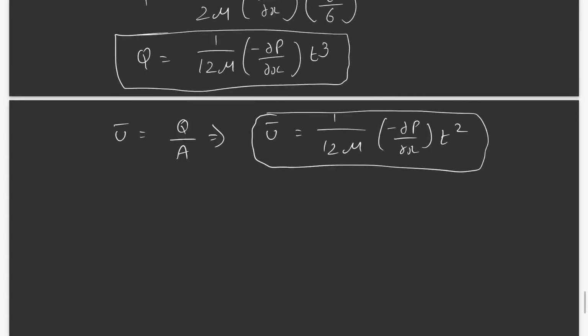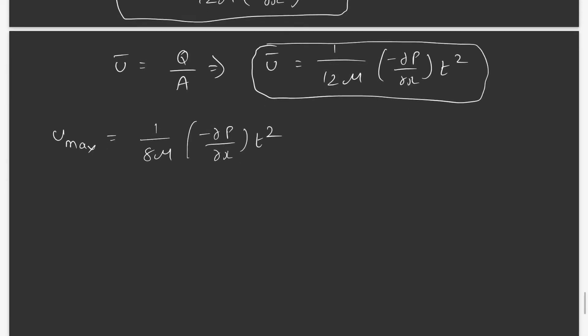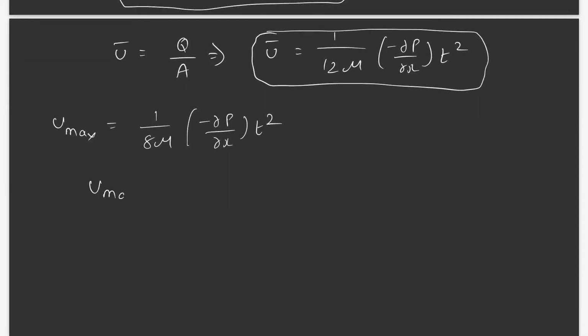This is the value for average velocity. Now, what was the expression for maximum velocity? U max is equal to 1 by 8 mu into minus dou P by dou X into T square. So what is the value of U max by U average, U bar?